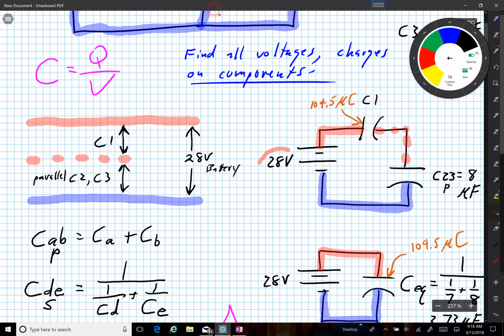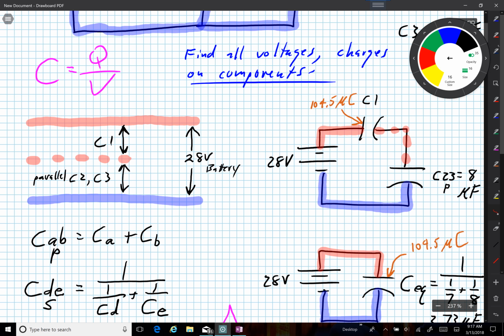This battery here, this 28 volts, has to push the same amount of charge out onto a capacitor plate as this battery in this diagram because they're equivalent diagrams. The batteries don't know the difference. They would behave the same. So I'm still going to get 104.5 microcoulombs, but now it's not on C equivalent. Now I'm looking at this diagram. It's the charge on the plate for C1.